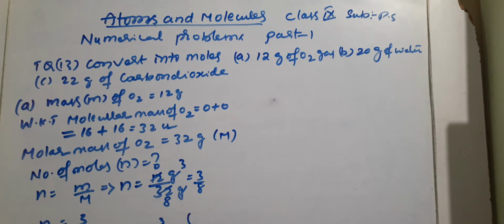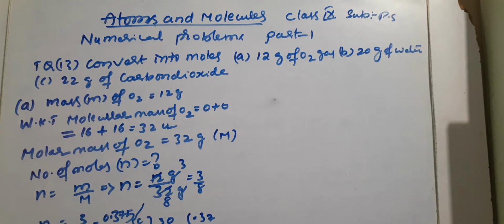If you divide 3 by 8, it will be equal to 0.375 moles. So 12 grams of oxygen has 0.375 moles.